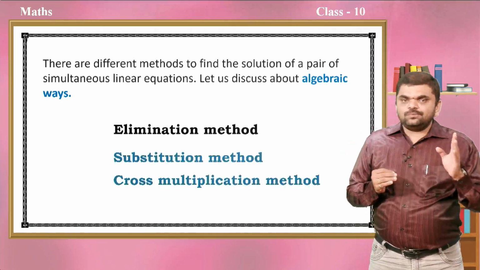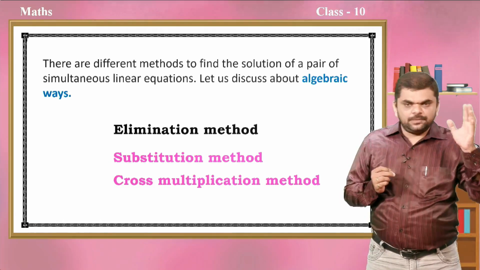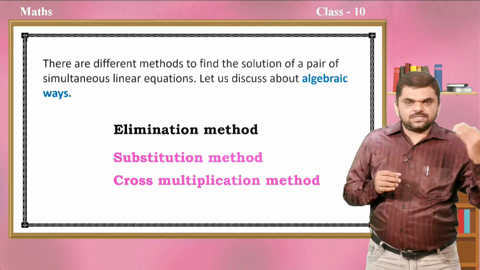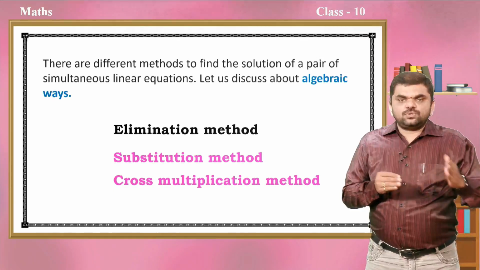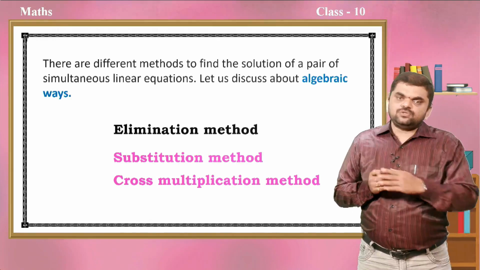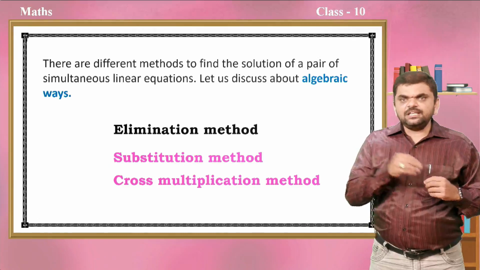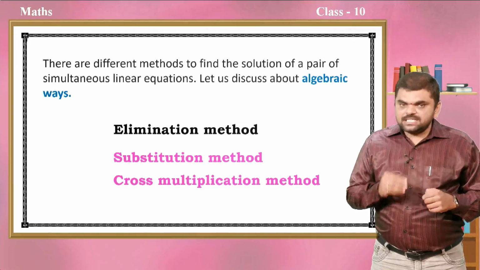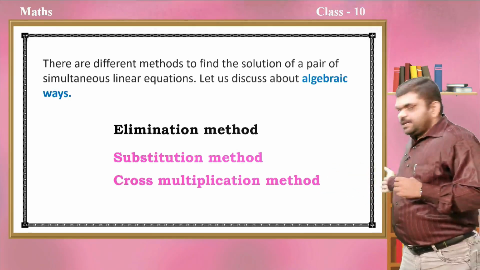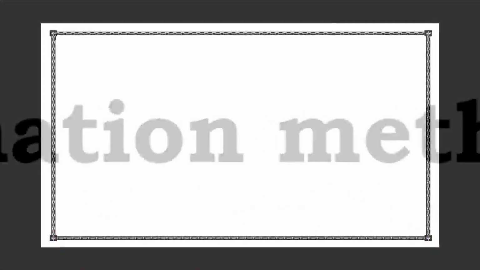We already know what the elimination method is. In the elimination method we eliminate one of the unknown quantities, x or y, and by taking one value we substitute it to get the other, so that we get both unknown quantities. In today's class, we shall discuss the substitution method and the cross multiplication method.